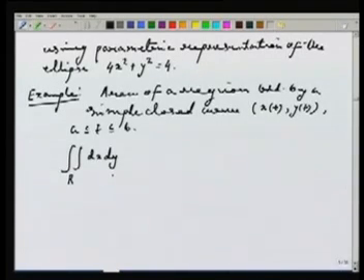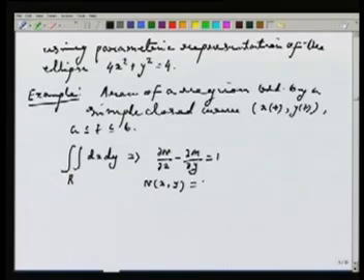So if I want to use Green's theorem, that would imply that ∂N/∂x minus ∂M/∂y must be equal to 1. Otherwise there is no chance of doing this. So I choose N(x,y), let us say, to be equal to half x, and M(x,y) to be equal to minus half y.